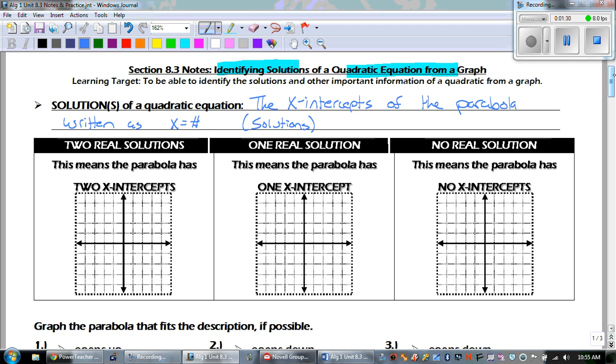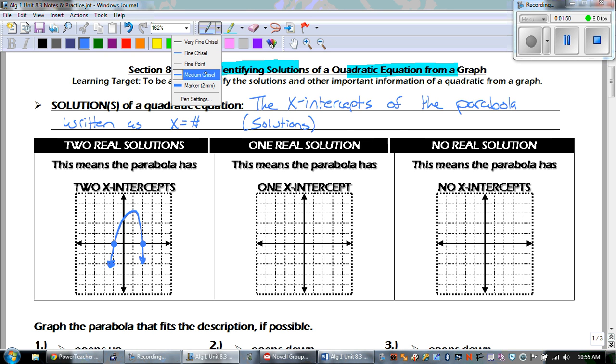So if we had two real solutions, what that means is that there are 2 points where your parabola touches the x-axis. There's an example of 2 solutions.